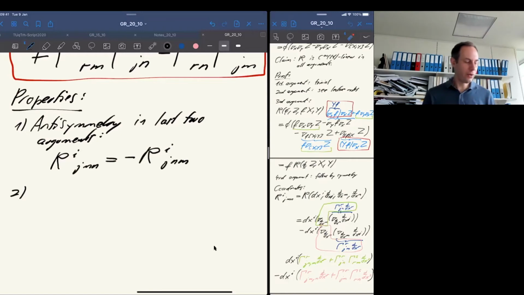Okay. And the second property is a property that should hold if the torsion vanishes.